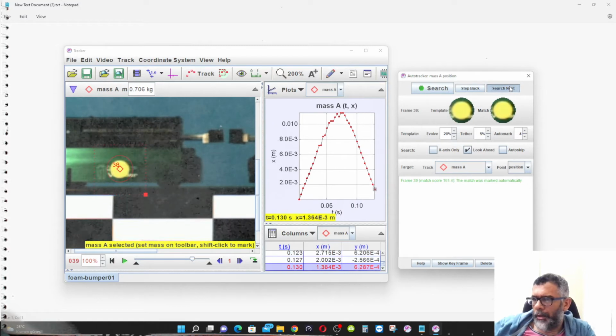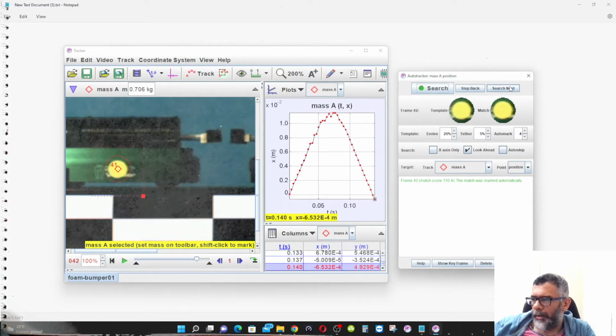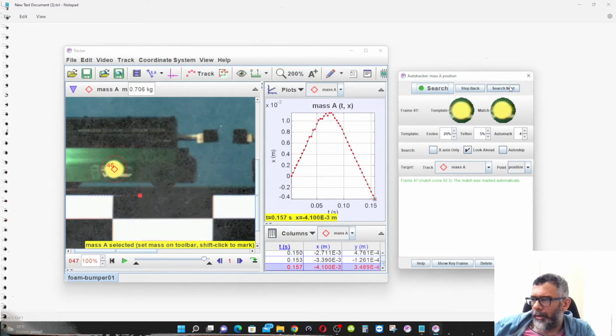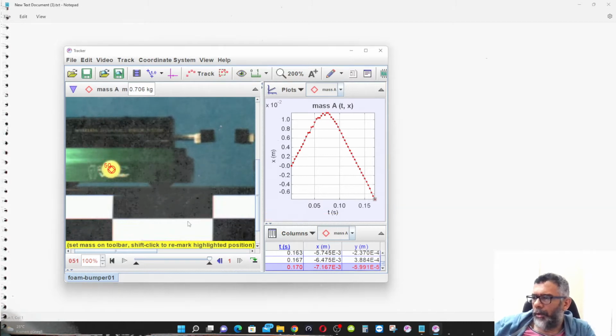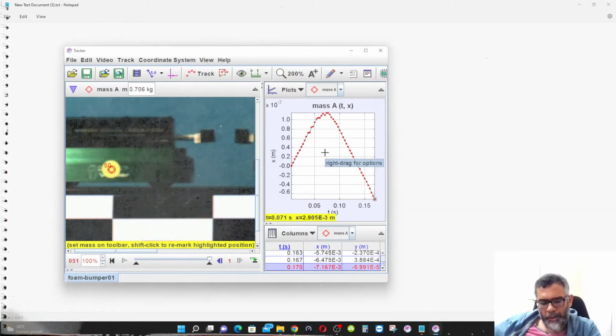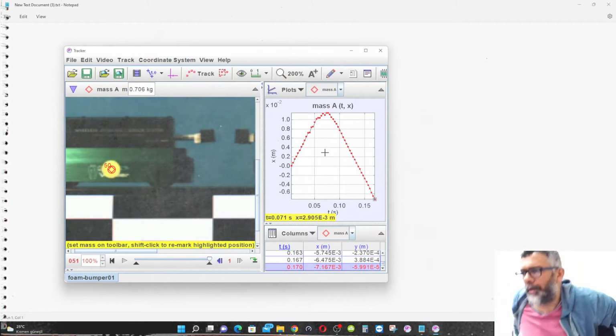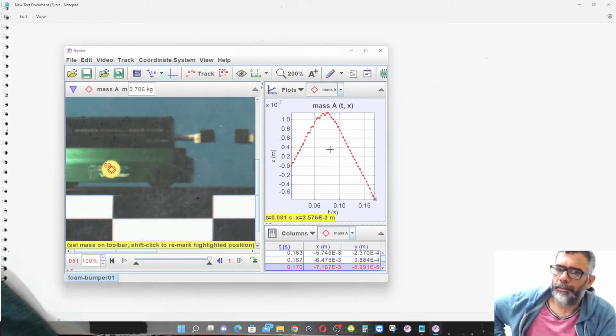Okay, so we got all the position information, the raw data for the card. Why am I doing this?